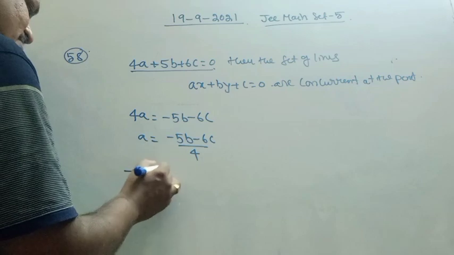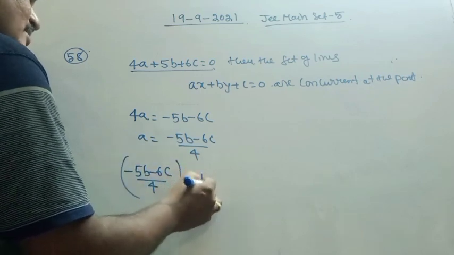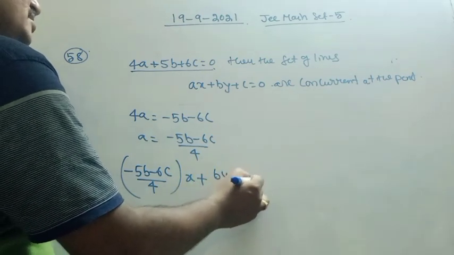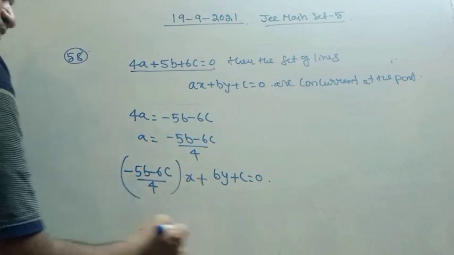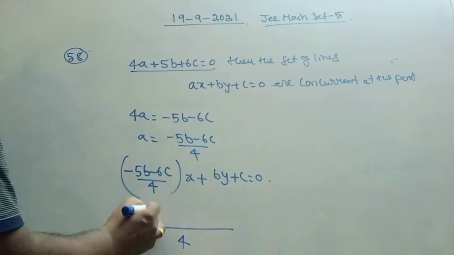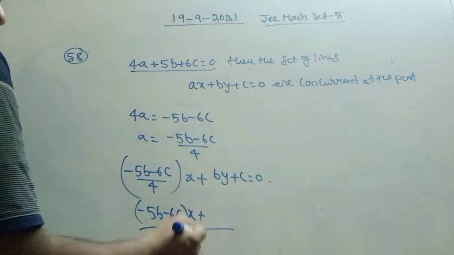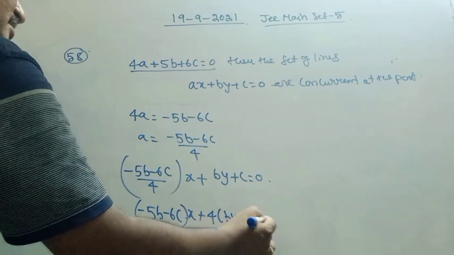Now a is nothing but (minus 5b minus 6c) by 4 into x plus by plus c is equal to 0. We take LCM 4 here, then we will have (minus 5b minus 6c) times x plus 4 times by plus c is equal to 0.